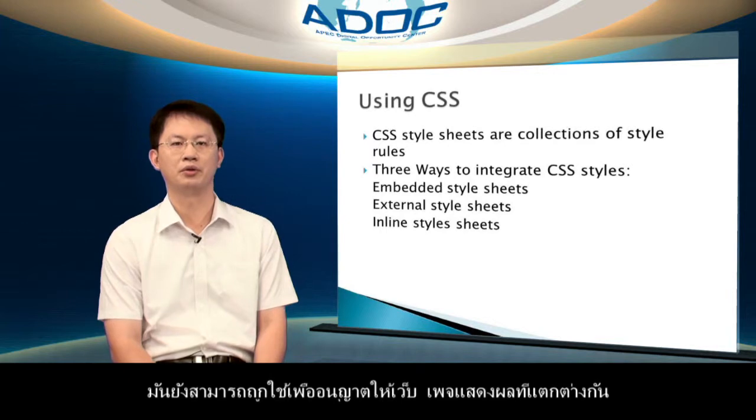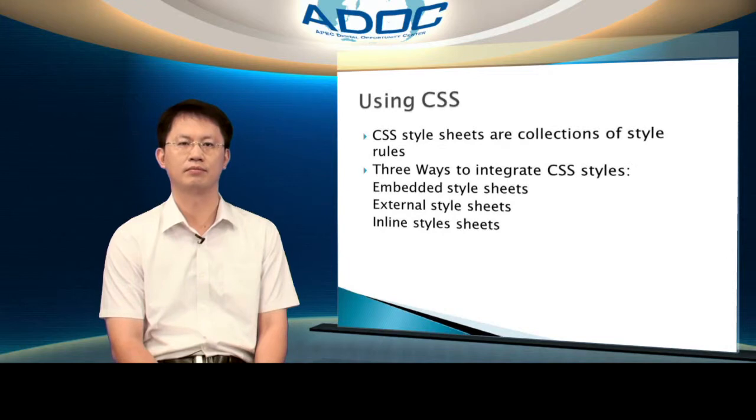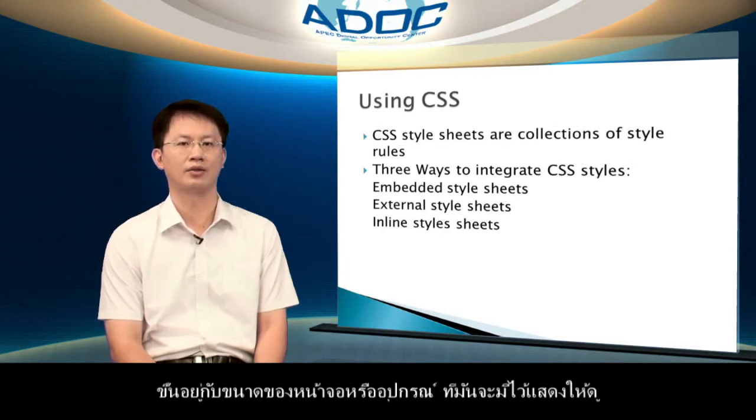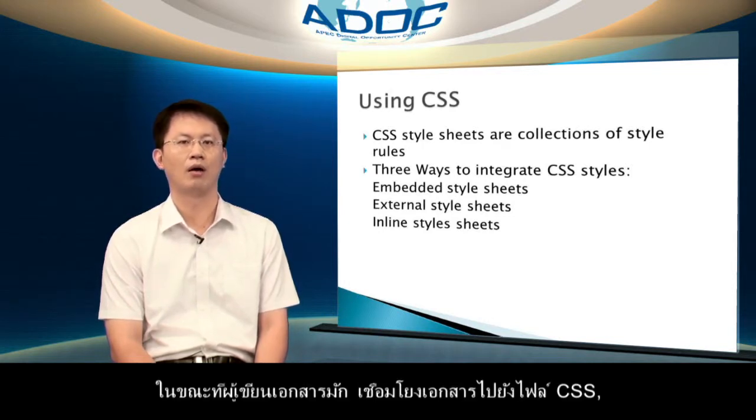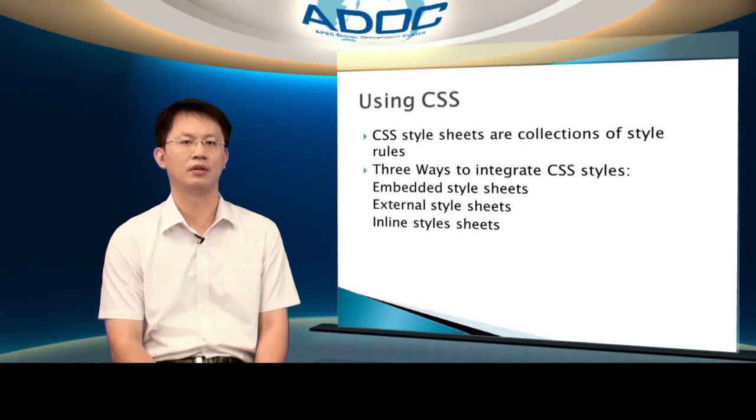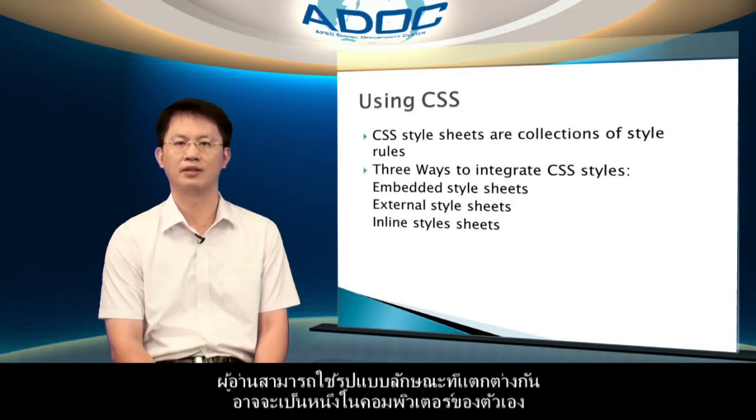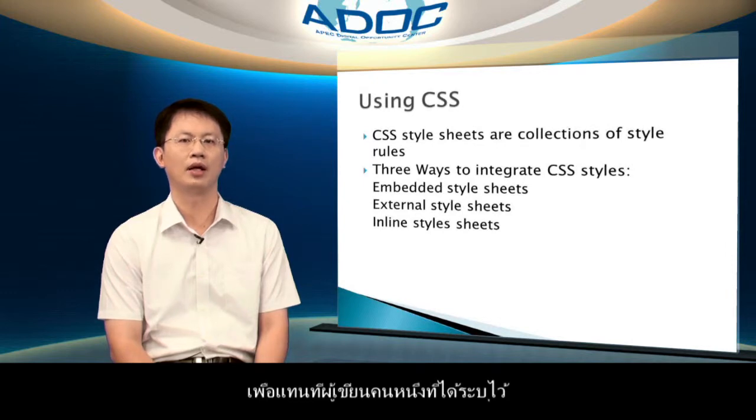It can also be used to allow the web page to display differently depending on the screen size or device on which it is being viewed. While the author of a document typically links that document to a CSS file, readers can use a different style sheet, perhaps one on their own computer, to override the one the author has specified.